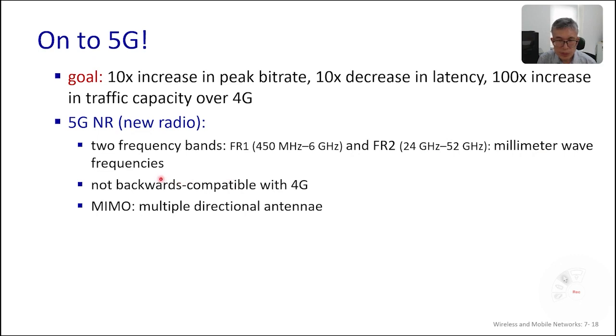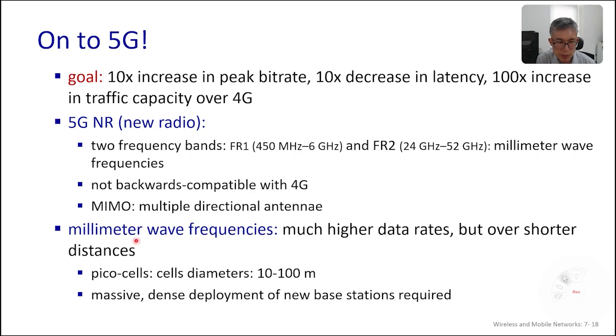Okay, and it is not backwards compatible with 4G. That's why 5G carriers invest more money in the physical layer. And MIMO, multiple input, multiple output, means multiple directional antennas are used for simultaneous transmission and reception.